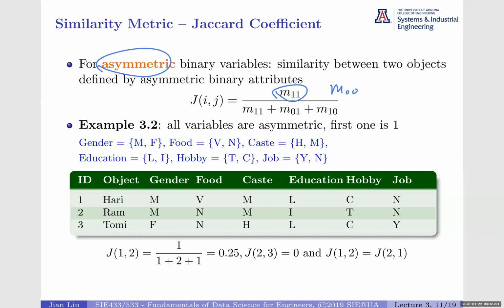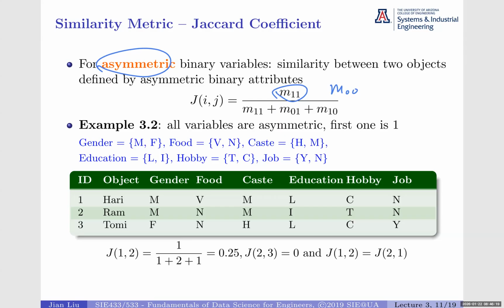V means good, N means bad, I believe. And caste, education, hobby, job. The last 5 are the asymmetric binary variables. You can work on this to see whether you can get the same numbers, okay? And also J12 and J21, for this Jaccard distance.